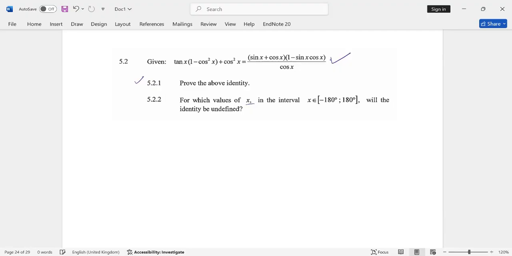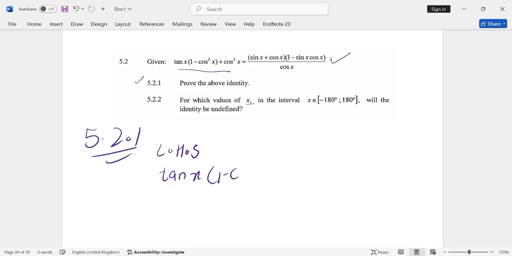Okay, so let's solve question number 5.2.1 first. We have to prove this, that left hand side equals right hand side. So I'm just taking the left hand side, that is tan x into 1 minus cos square x plus cos square x.